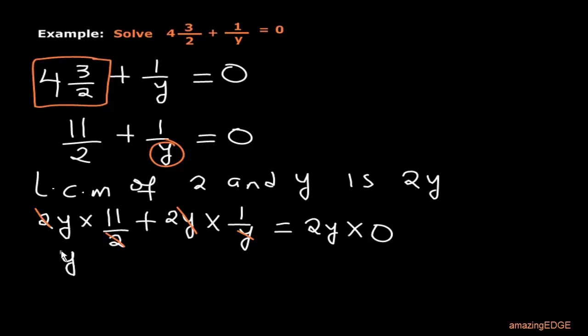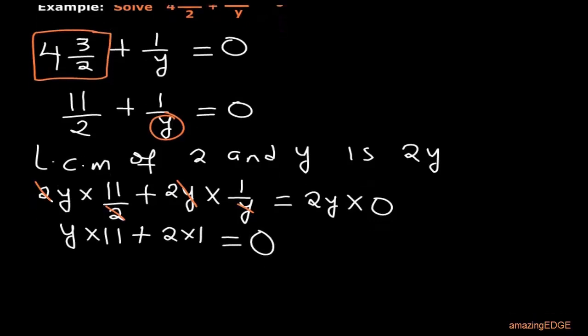So we have y times 11 on the left hand side, plus here y cancels y, we have 2 times 1. Then on the right hand side, any number multiplied by 0 is 0. So here we have y times 11 will give us 11y. Then here we have 2 times 1 will give us 2. On the right hand side we still have our 0 there.